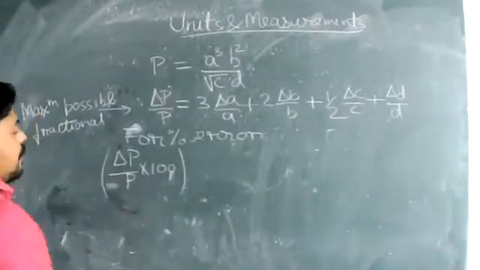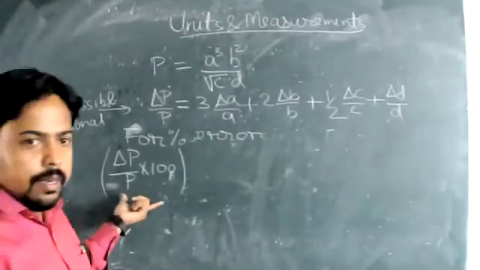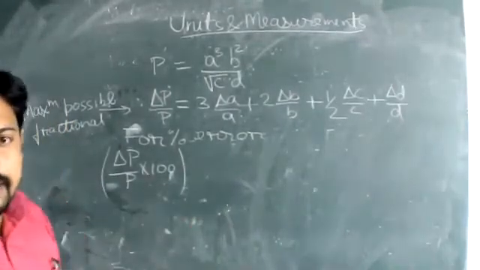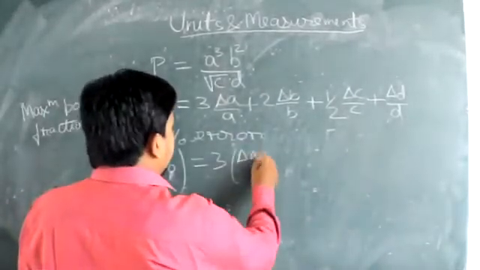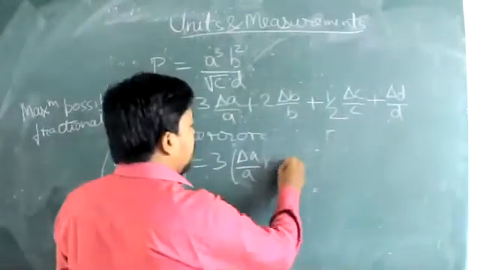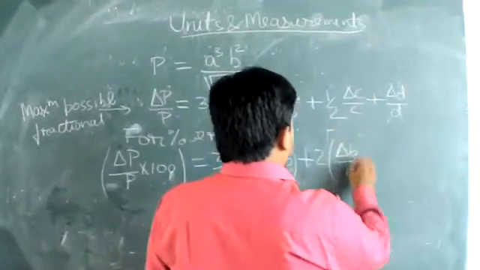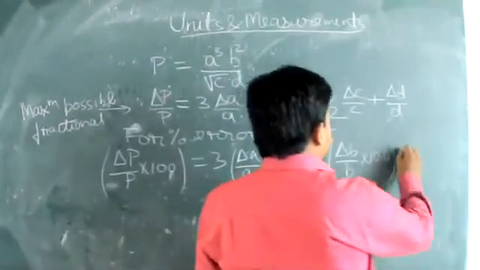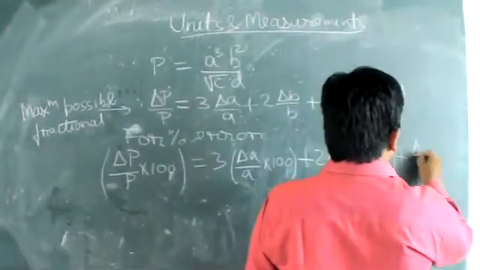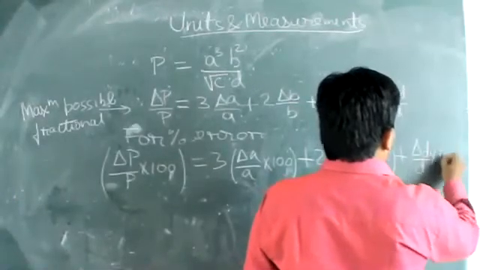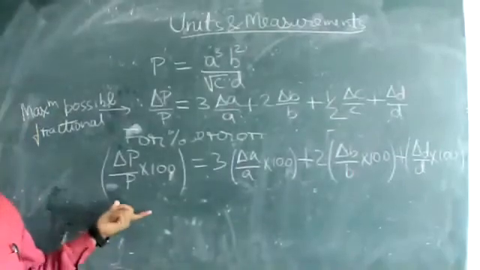Now this is the percentage error regarding P. Similarly, if we multiply by 100 on the left hand side, we need to multiply by 100 on the right hand side also. 3 into delta A upon A into 100, plus 2 into delta B upon B into 100, plus half delta C upon C into 100, plus delta D upon D into 100. This is what we can write. Till here everything is clear.